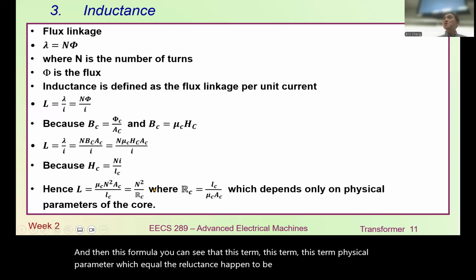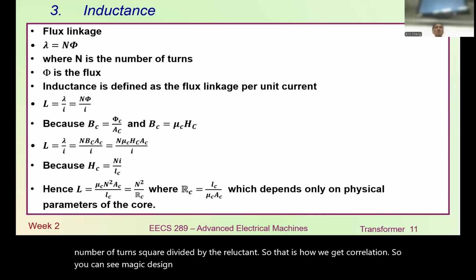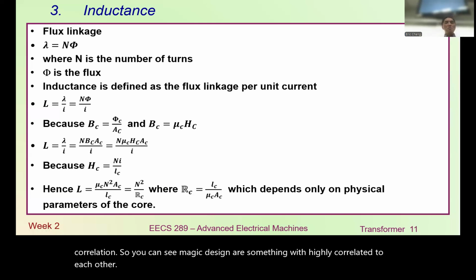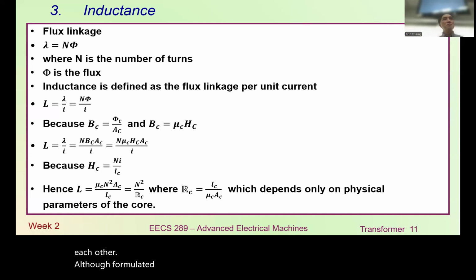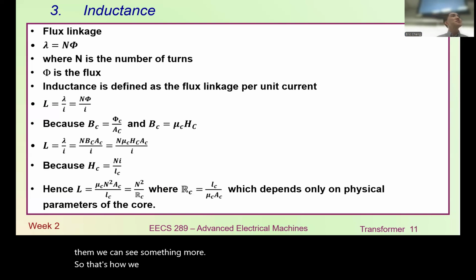Inductance also equals the number of turns squared divided by the reluctance. So that is how we get a correlation. So you can see magnetic design things are highly correlated to each other. Although the formula is simple, and in the past we learned it, when we revisit it, we can see something more. So that's how we understand the inductance. Okay. Any questions?